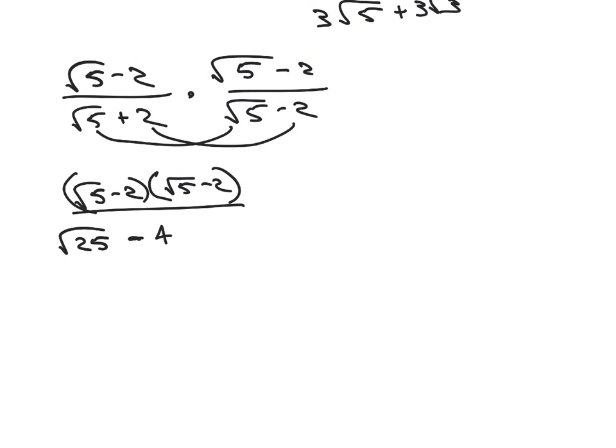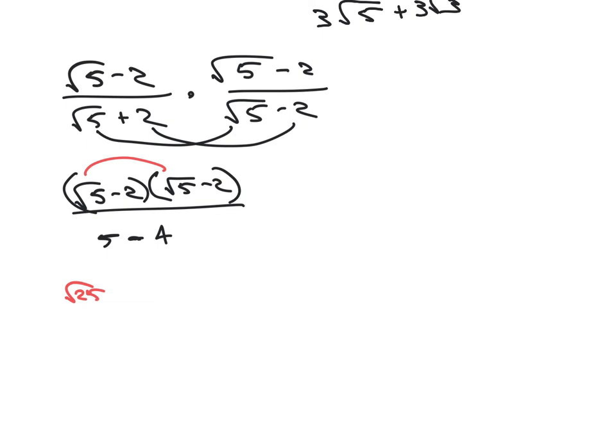Okay, now this one we can take the square root of. So instead of 25, we're going to have a 5. And the top, we're going to do the FOIL method. So let's do our first. It gives me square root of 25.